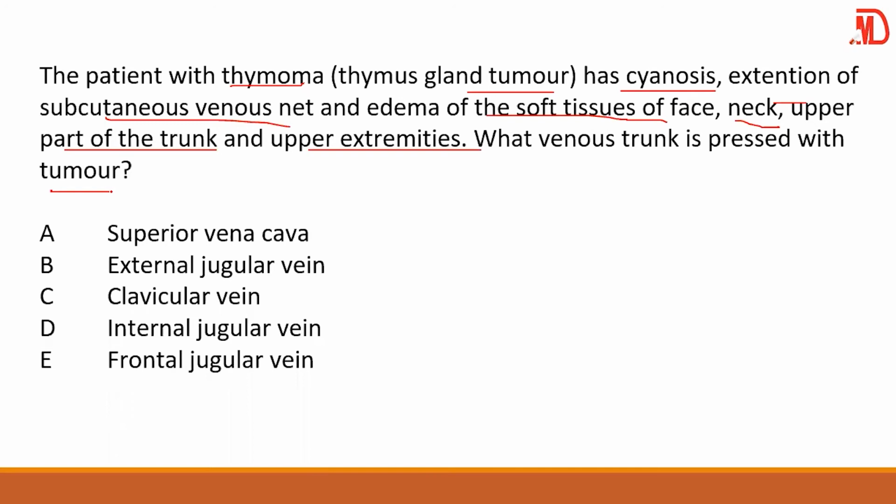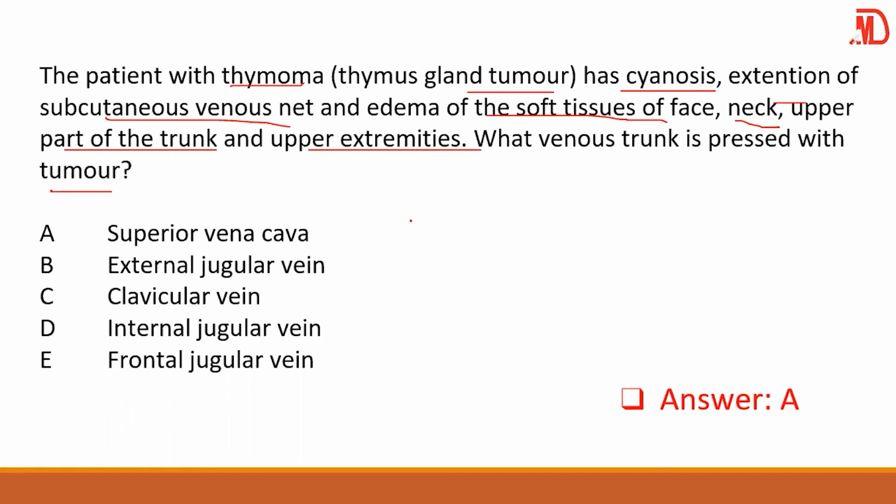So they're talking about the upper part, the head, the neck. So over here, you are thinking of what? The superior vena cava. So your answer is A, superior vena cava.